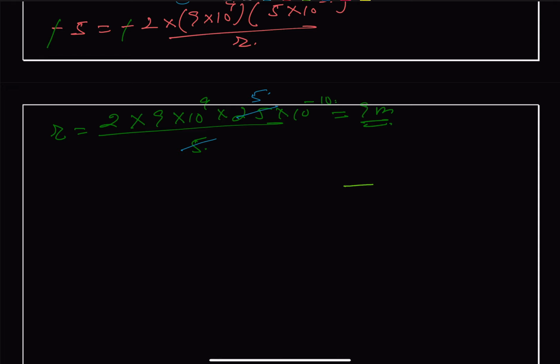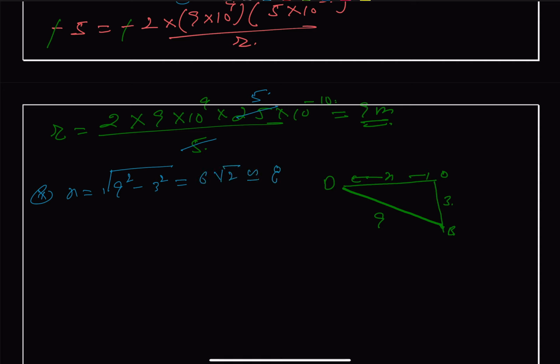So we can just draw the figure now. This is our D and this is our O. This point is B. So we found out this is 9 and this we already know is 3, and this we assumed as X, and we need to find X. So we can say X will be equal to the square root of 9 square minus 3 square, square root of 81 minus 9, and that comes as 6 square root of 2, approximately 8.49 meters.